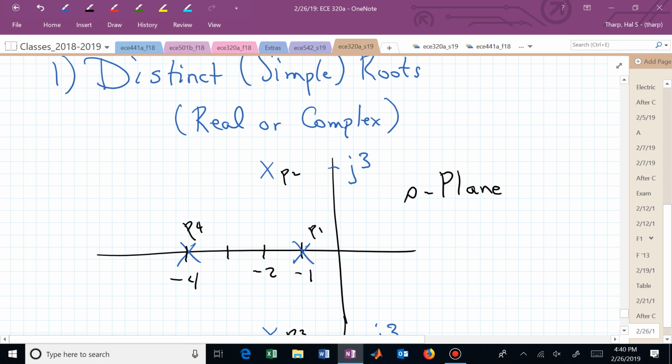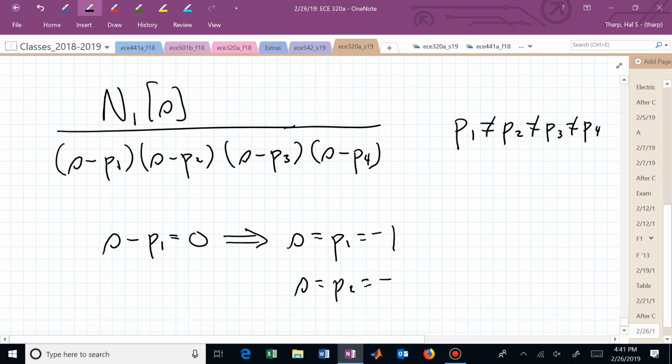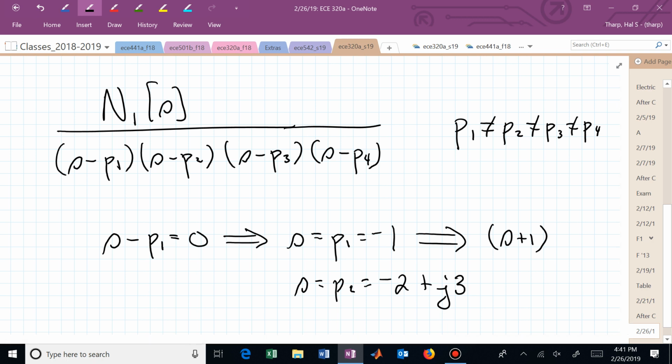It's complex, isn't it? It has a real part. It's minus 2 into the complex plane. And how big is it in the imaginary component? It's up 3. P2 is now minus 2 plus j3. This gives rise to a factor of S plus 1. Right? If we would add 1 to both sides, we would have S plus 1 equaling 0.